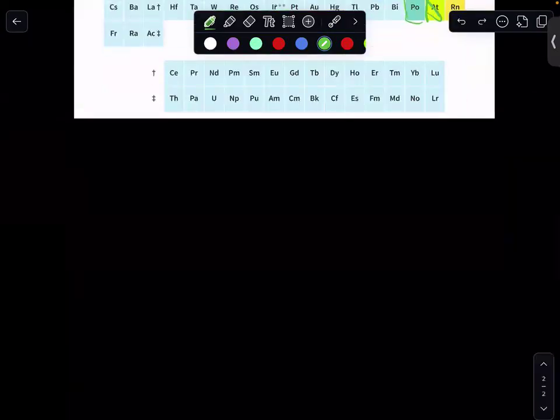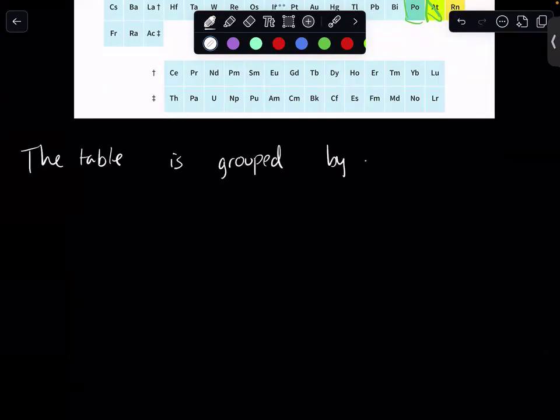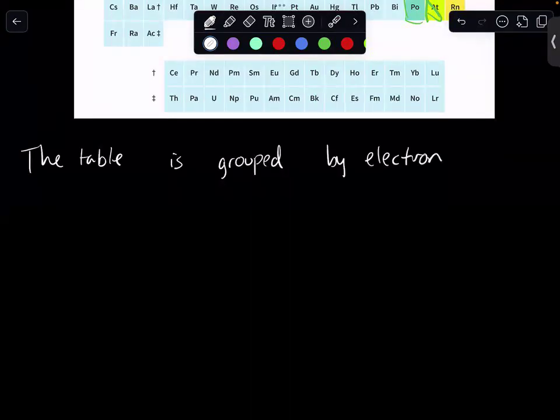Anyways, moving forward, we also have another major grouping, and that's that the table is grouped by electron sublevels. So when we did electron configurations, we talked about electron sublevels.